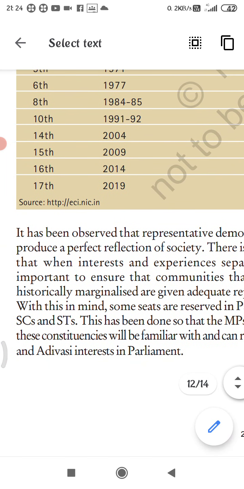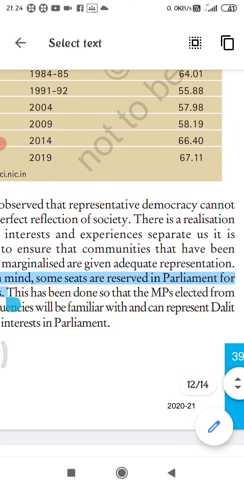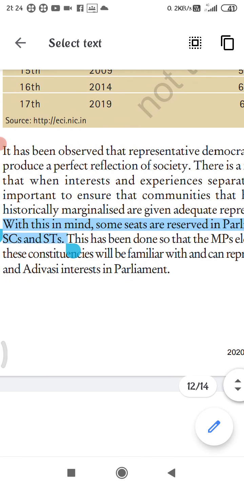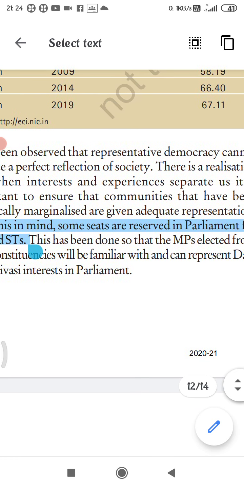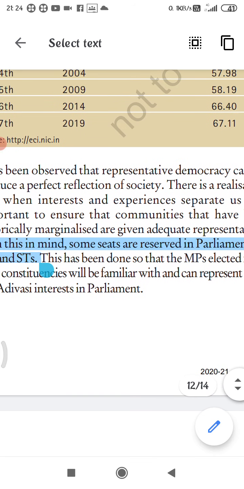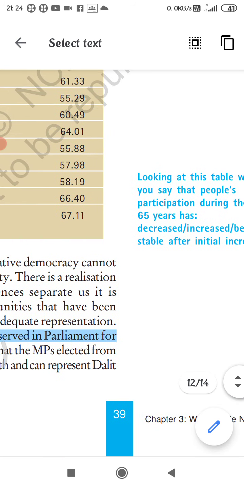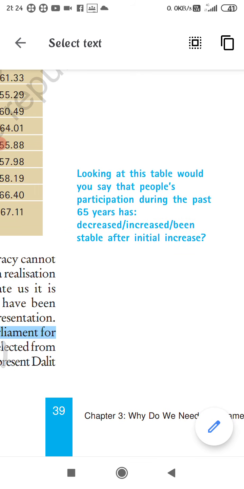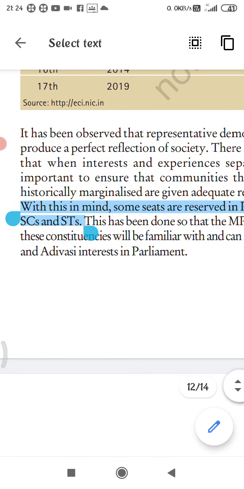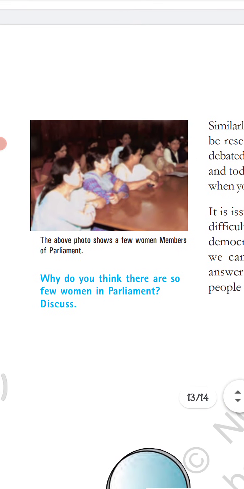Some seats in the parliament are reserved for STs and SCs. Why is this done? So that the people from these communities can also participate in the decision making process and can discuss the welfare of their own communities. This is done for that sake.